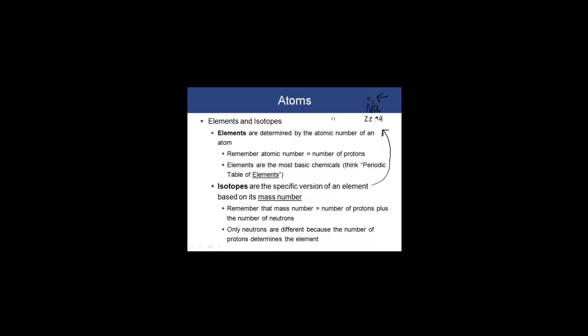In fact, if you were to take 22.99 and subtract 11 protons, you would find that 11.99 represents neutrons. And this is where isotopes come into play.